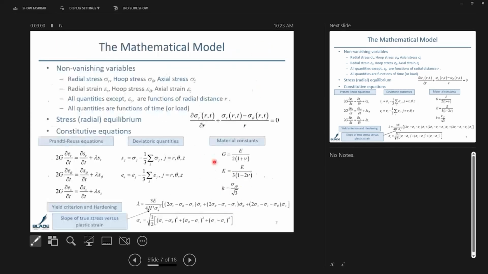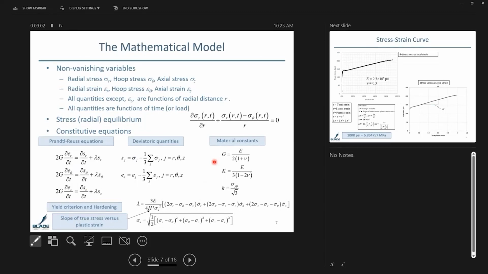So how do we solve this problem? Once again, a fairly well-known methodology. You have the radial equilibrium equation, and then because we are going into the plasticity regime, we have to go into the plasticity flow rules, the Prandtl-Reuss equations, with the yield criterion. And here is the hardening.